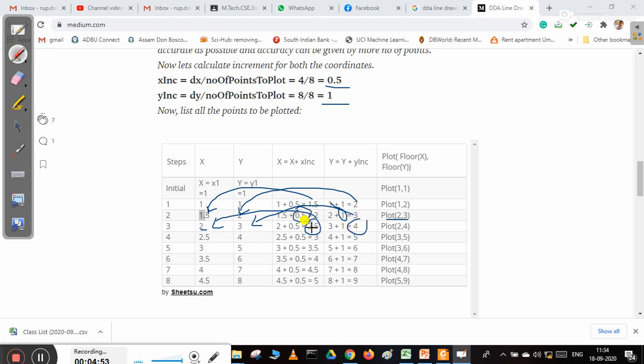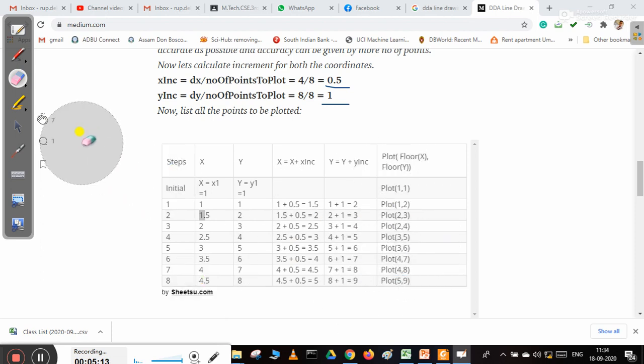You can take the floor or you can take the ceiling of 2.5. You can also take 3, that is your choice. In that way we can calculate all 8 points and we will get the final point, that is 5.9 as given.